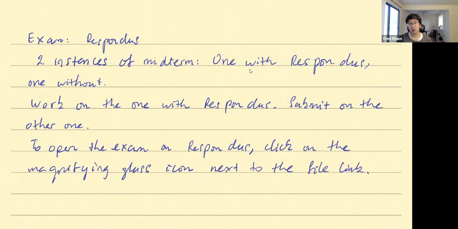Many people try to click on the file link and they say they cannot open the file. You're supposed to click on the magnifying glass icon. And I'll post a screenshot of responders, highlighting the icon so that you can click on the right place. All right. So these are the instructions for the exam with responders. Any question on this?